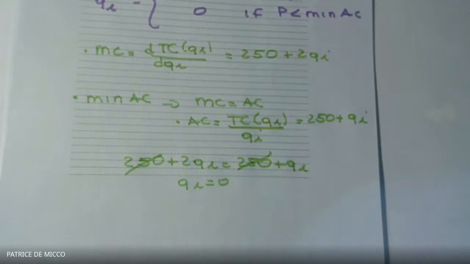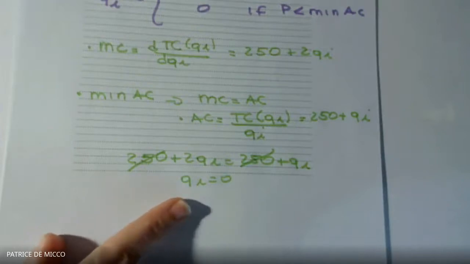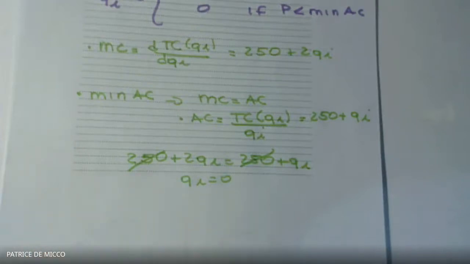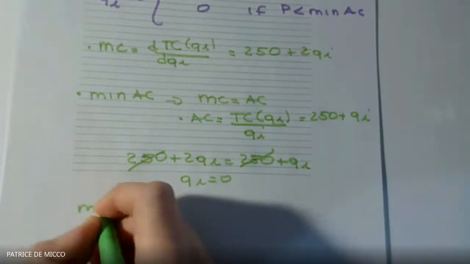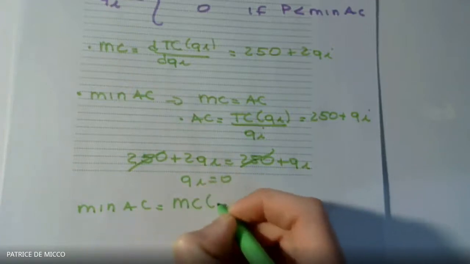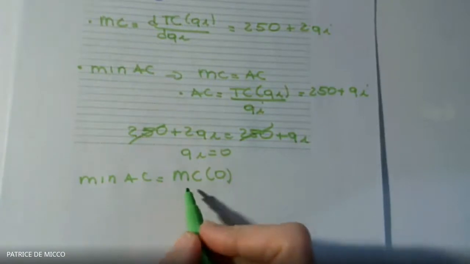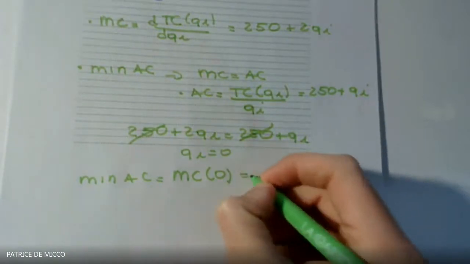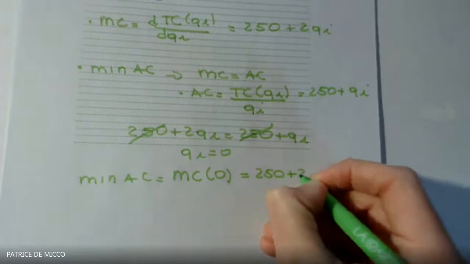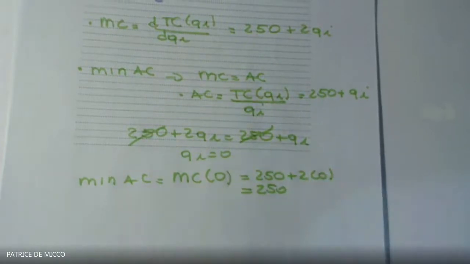So to find the minimum average cost, I substitute this quantity that I have found here either into marginal cost or into average cost. It's the same, okay? So we have minimum average cost equal, suppose we use marginal cost where we substitute this 0, but again, I would obtain the same result if I use now here average cost of 0. And so I get 250 plus 2 times 0, so 250. That's the minimum average cost, okay?